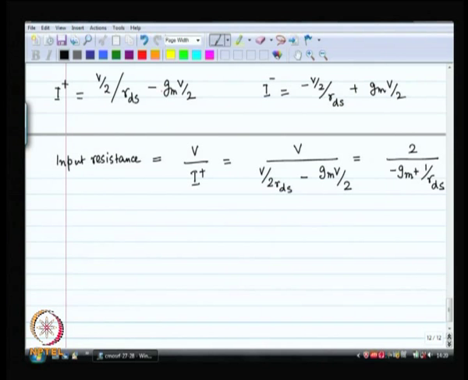Now, the good news is that if you have got any kind of a good transistor, then typical values of GM are going to be much larger than 1 by RDS. That is how you get gain from a transistor, right. GM times RDS has to be somewhat large, something like 20 or so. So, GM is going to be larger than 1 by RDS.